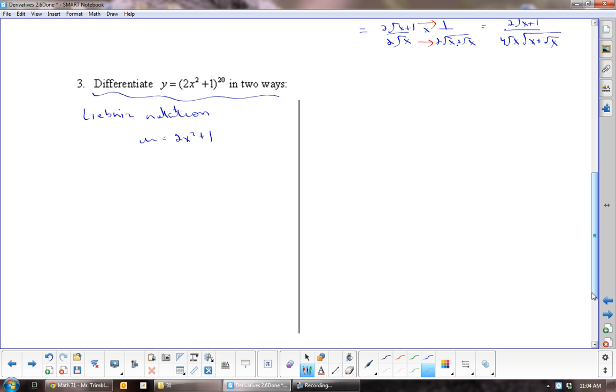So if you did dy over du, that's the derivative of y with respect to u. That would be 20u to the 19. And du over dx, so the derivative of u, would be 4x.